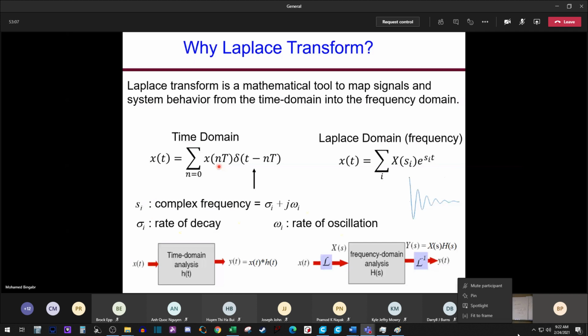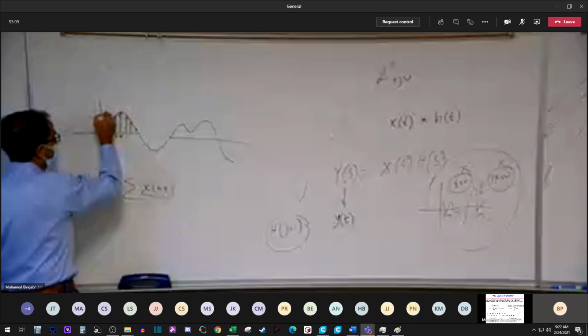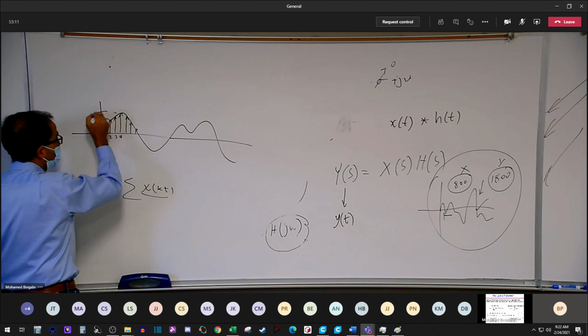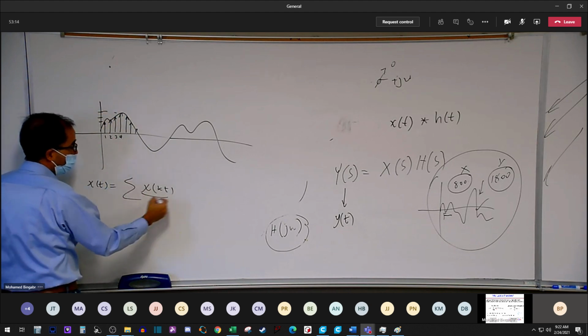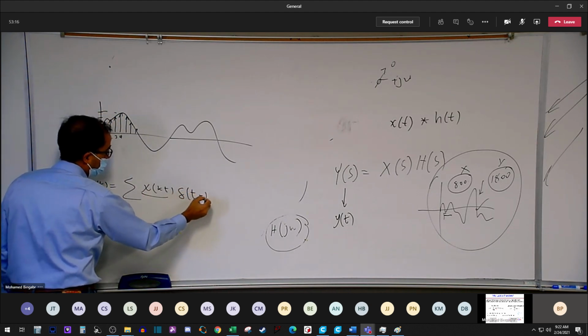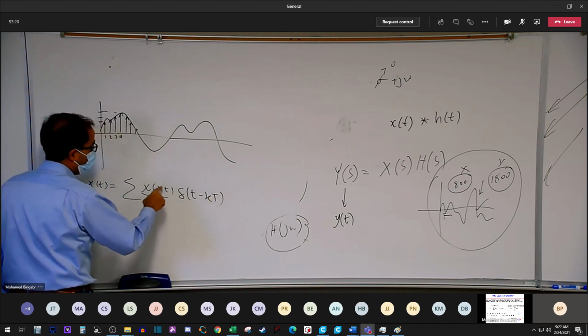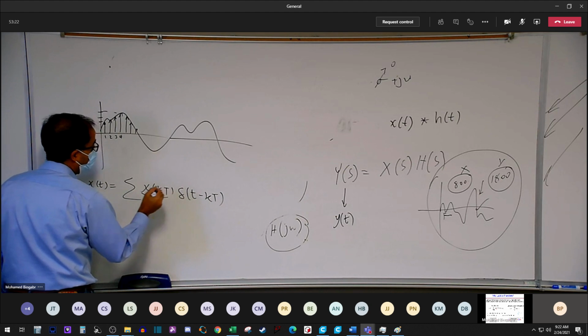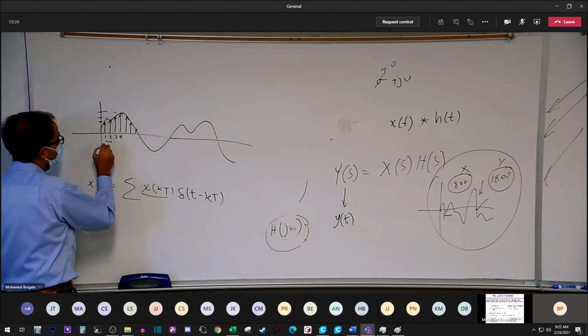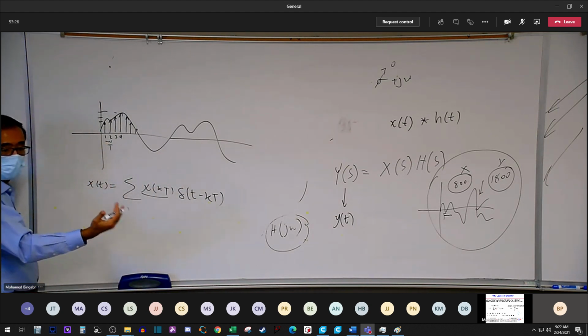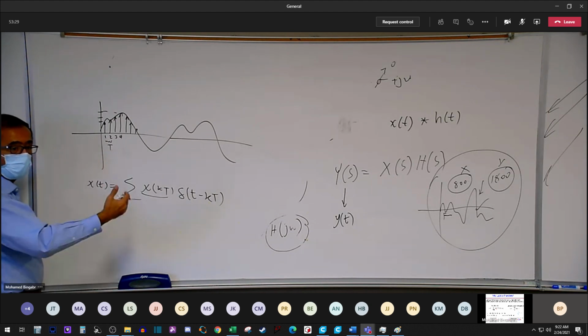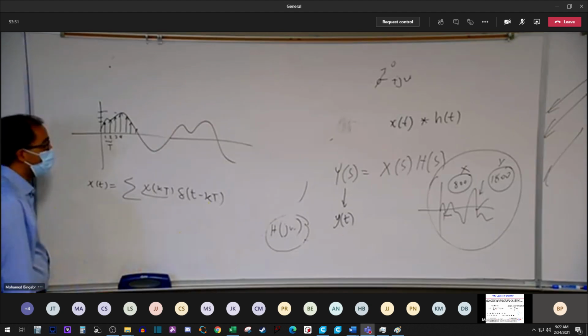And this would be this amplitude or this amplitude or this amplitude, depending on the location of the impulse. And this is k capital T. And the capital T here, we call the sampling interval.